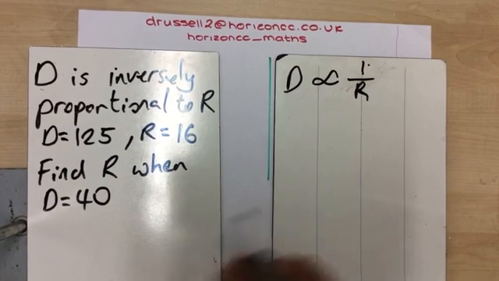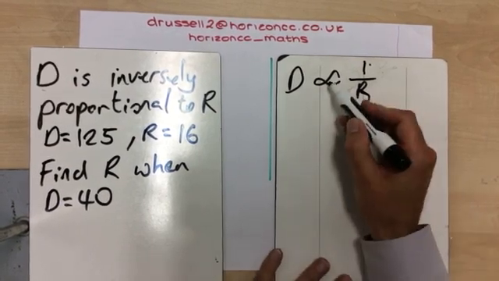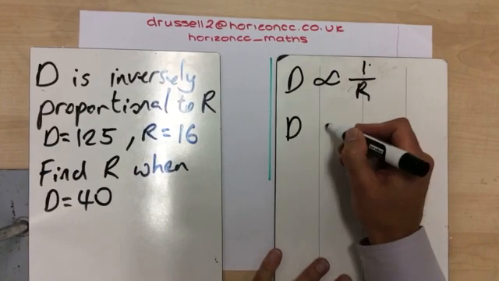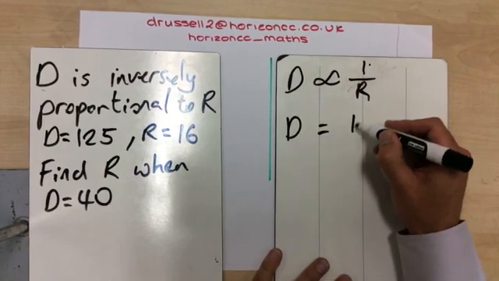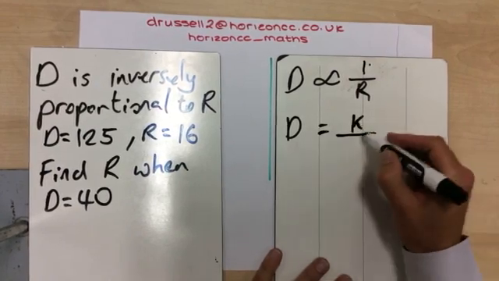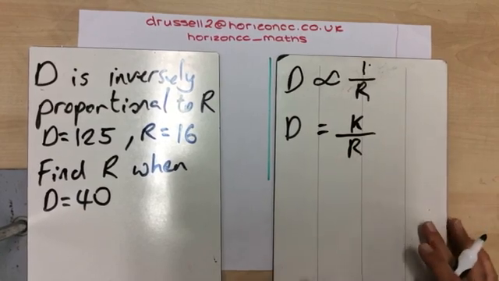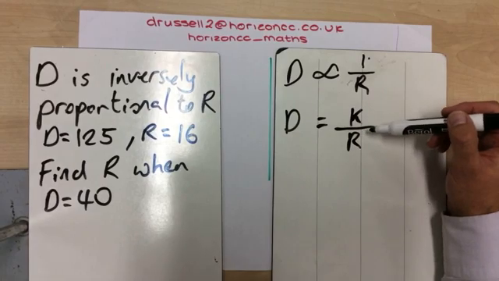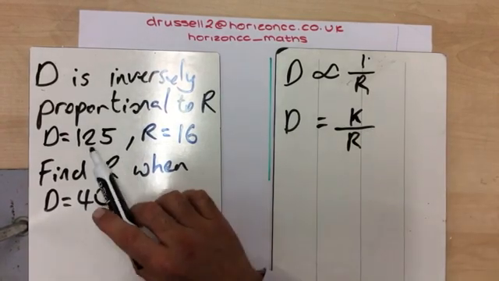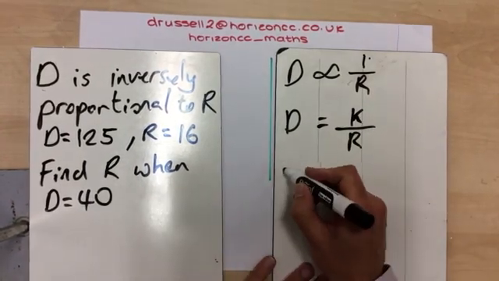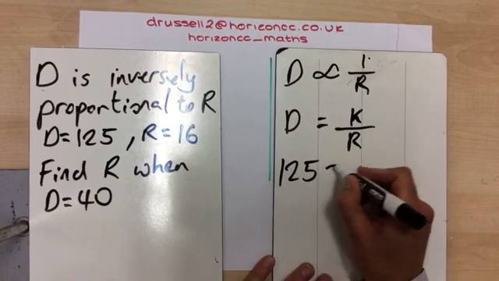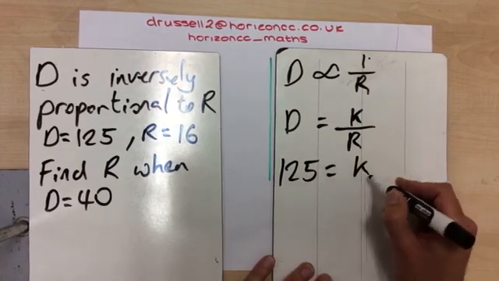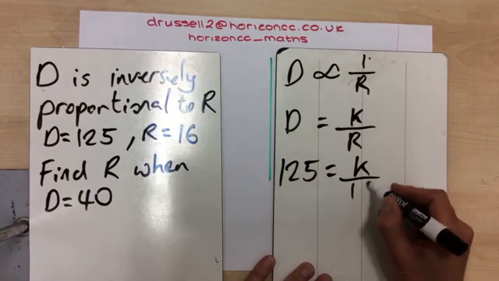Just before we do that, we're going to replace the proportionality symbol with equals and K. And when it's inverse, the K stays at the top of your fraction. So we've got D equals K over R. Let's go back to my question. We know that D is 125 when R is 16.